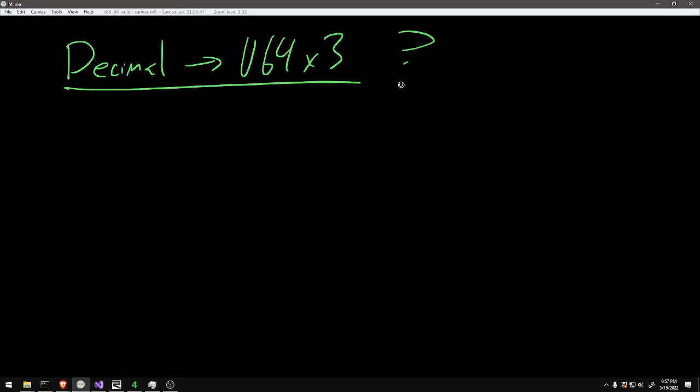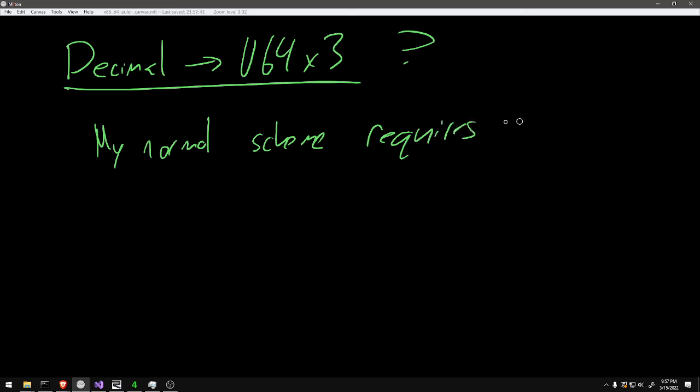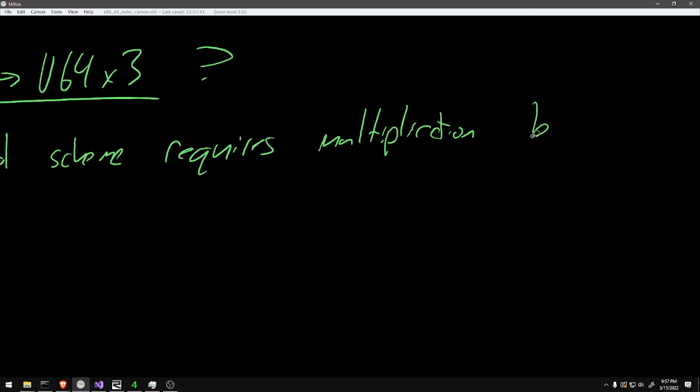So you pull out digits in decimal, and you pack them in. But that requires multiplication by 10.